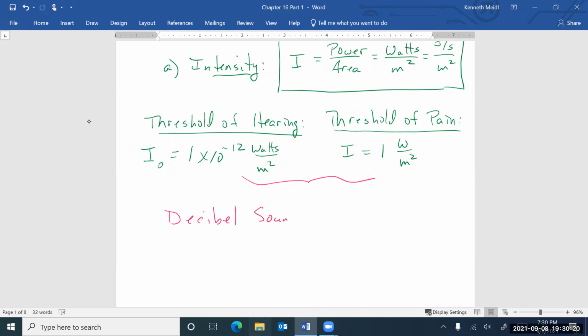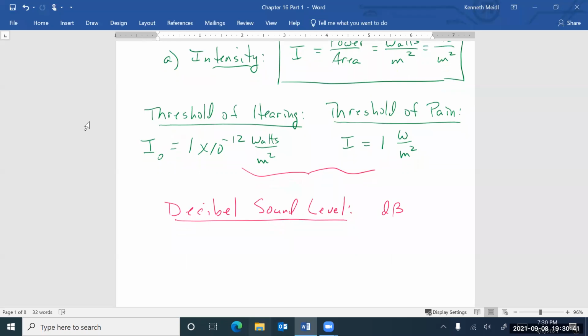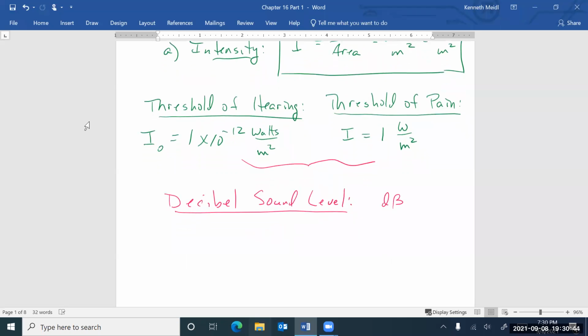The decibel sound level is usually measured in dB. Here's how we cut down these numbers to a scaling that makes more sense to human beings. You want to take that 1 times 10 to the minus 12 watts per square meter, the beginning of the scale where people just start picking up a really faint sound, and call that 0 or 1.